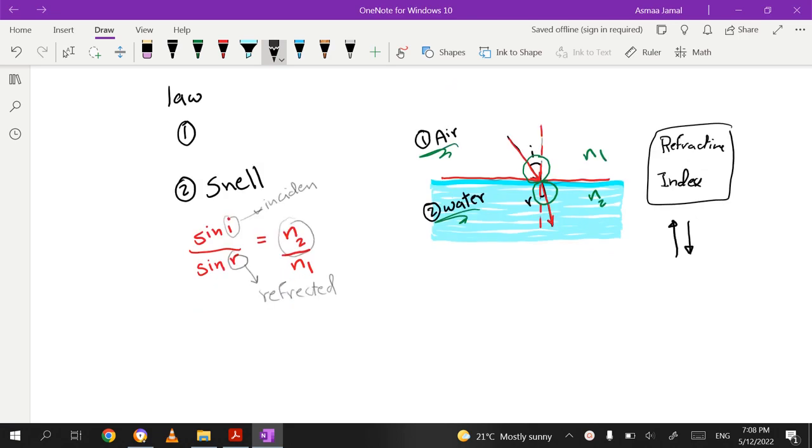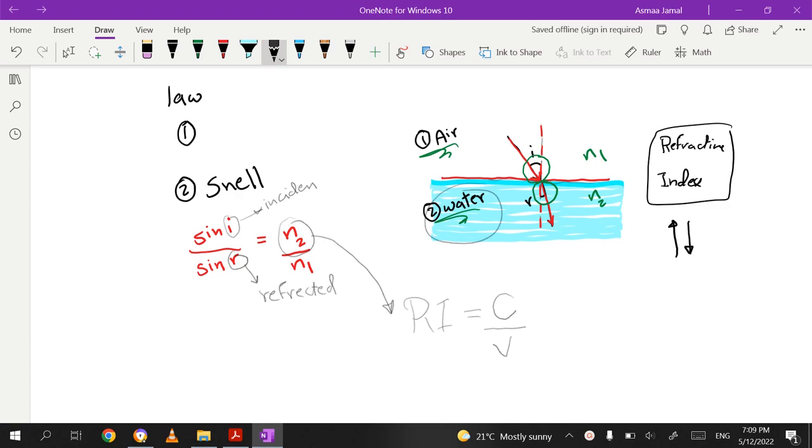But how can we find the refractive index of anything? Refractive index is the ratio of the speed of the light in vacuum to the speed of the light in the medium. So let's say we want the refractive index of the water.